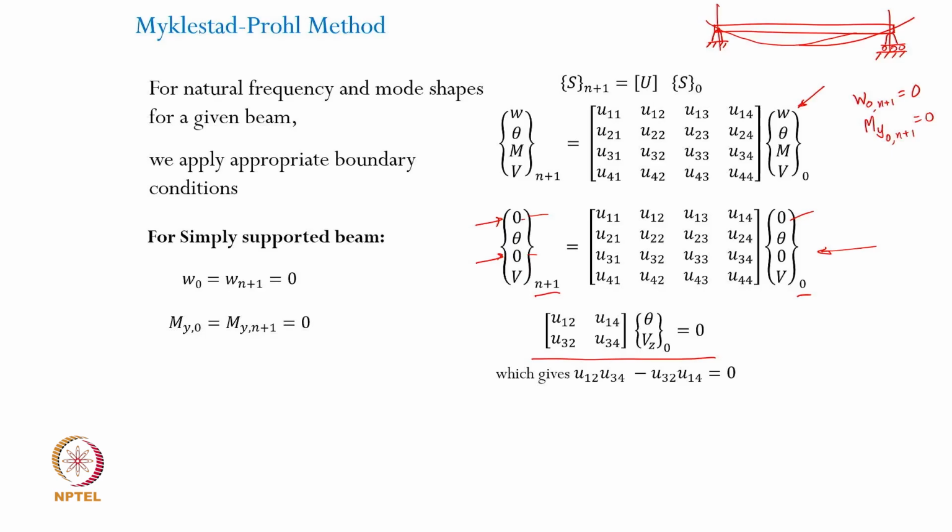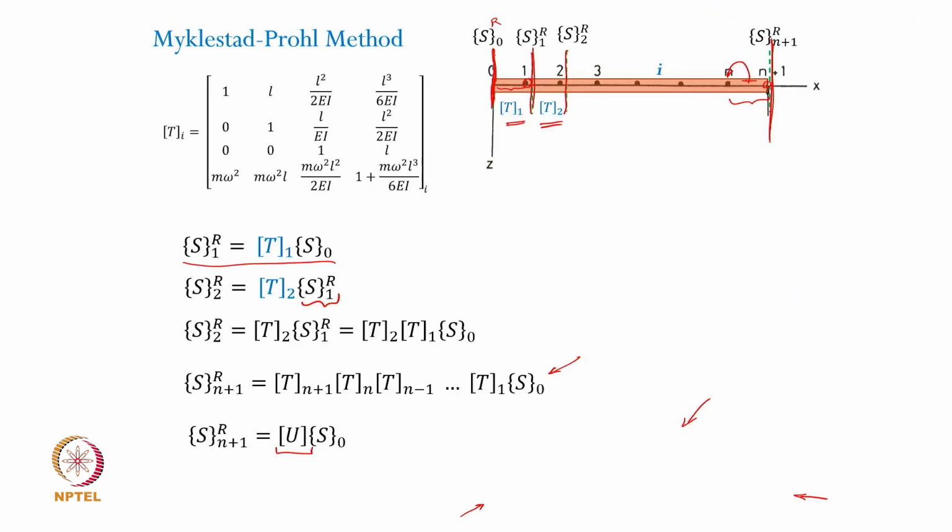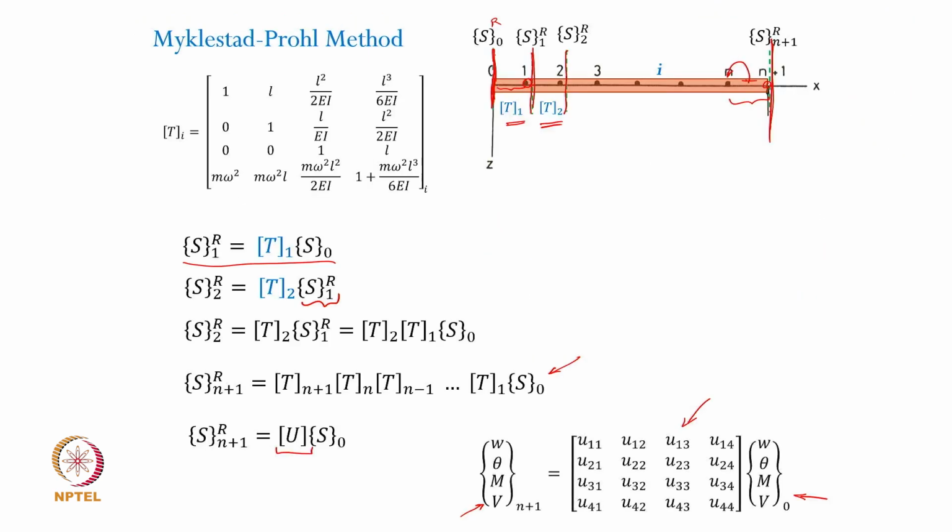Assuming that omega value, you know that your transfer matrix gets completely defined for that particular assumed omega value, because the length is known, the flexural rigidity of each of the segments is known, masses are known, so you can completely numerically evaluate Ti, in fact at all segments.